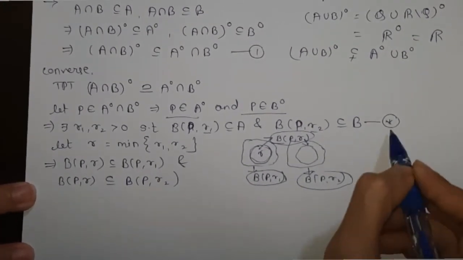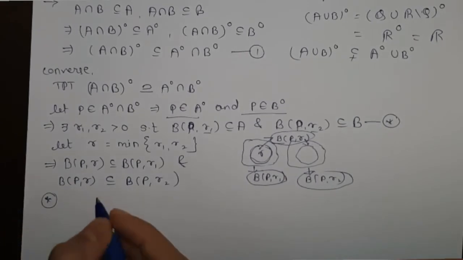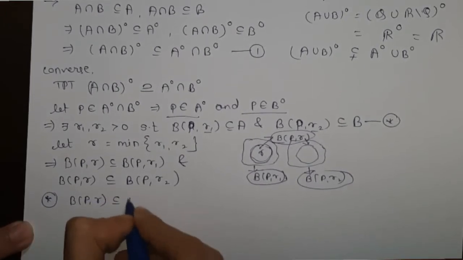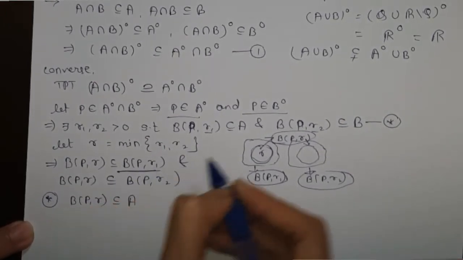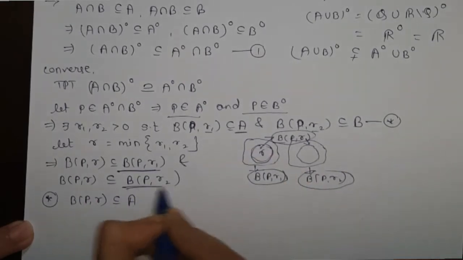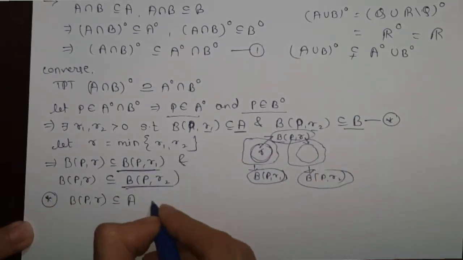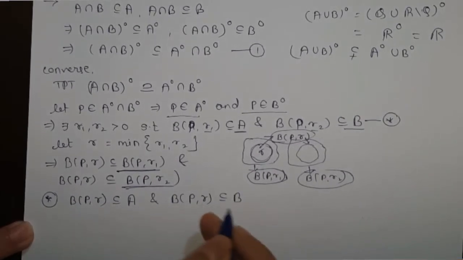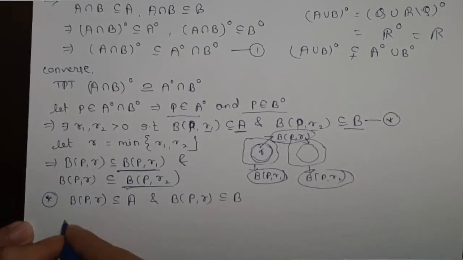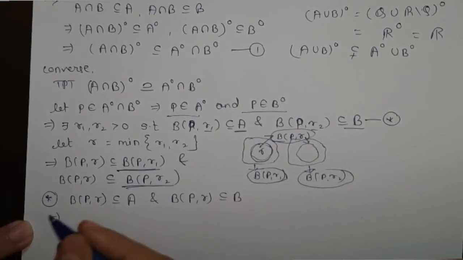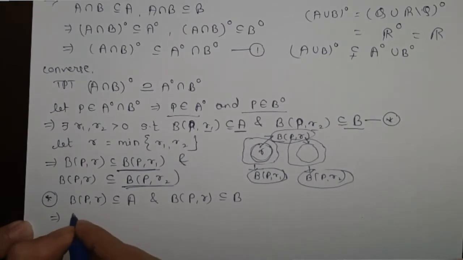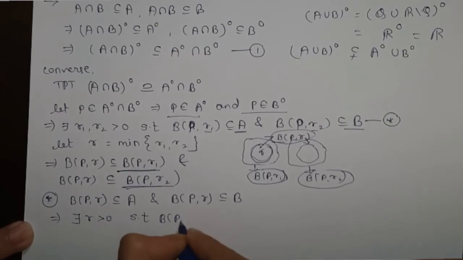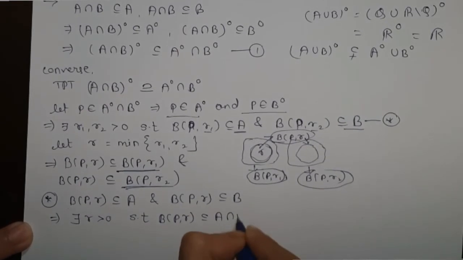Now from star, B(P, R) is a subset of A, because B(P, R1) is a subset of A, and B(P, R) is a subset of B, because B(P, R2) is a subset of B. So B(P, R) is a subset of A and of B. Now our definition says there exists R greater than 0 such that B(P, R) is a subset of A intersection B.